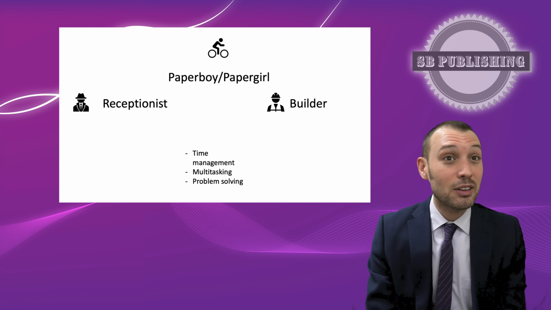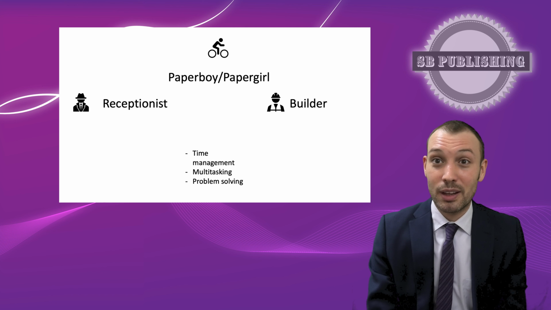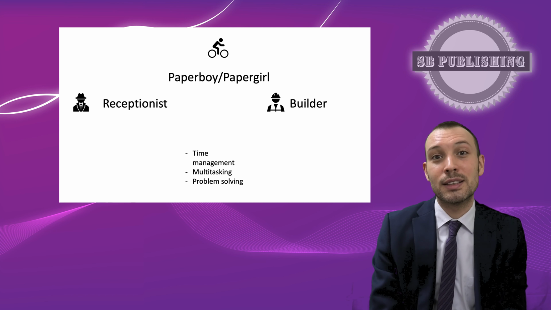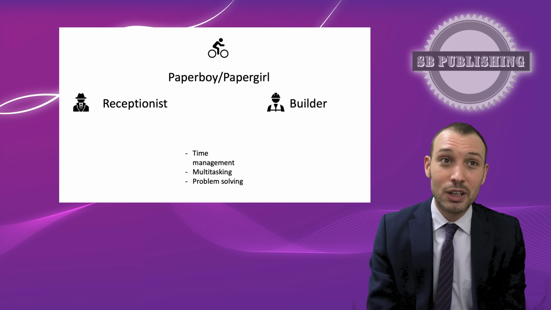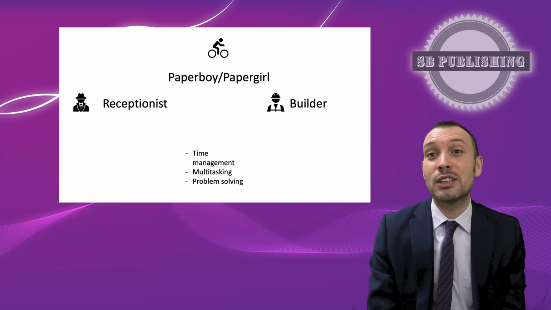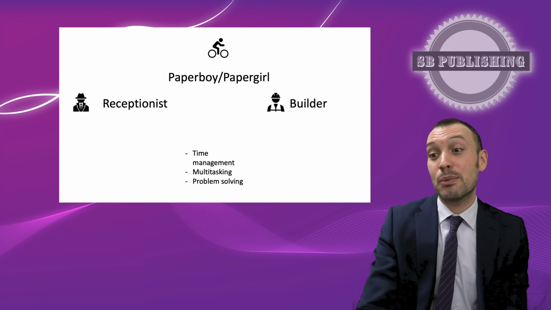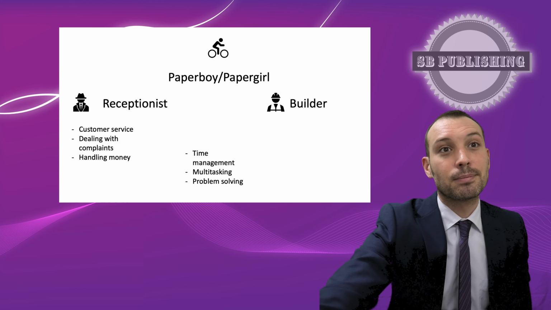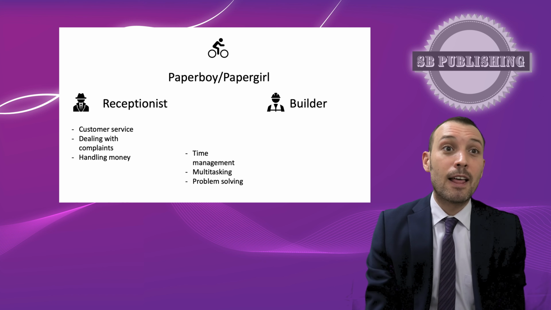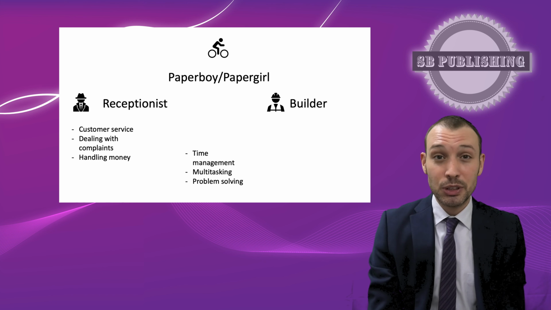But looking at the receptionist position, are there any skills we learnt delivering newspapers that are specifically good for an application as a receptionist? So here there are just 3 small ideas. First up, customer service.